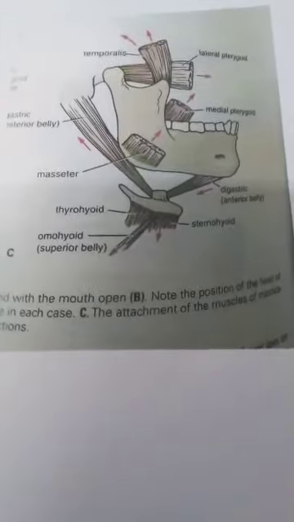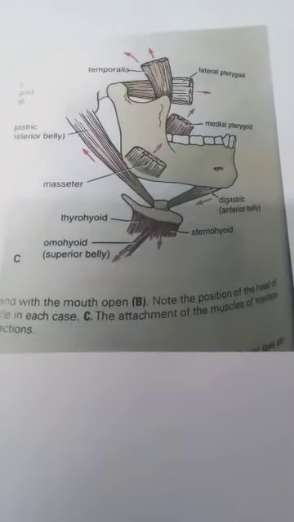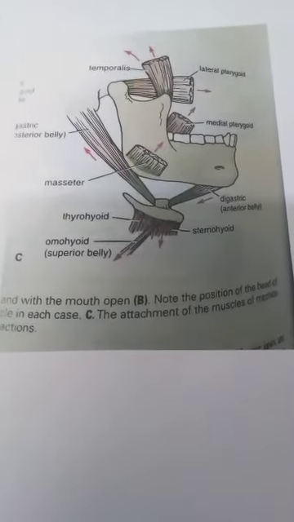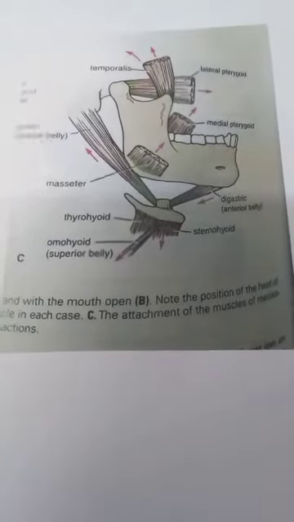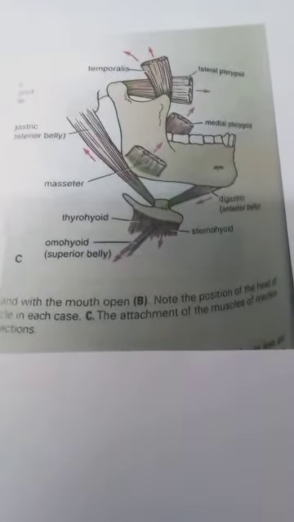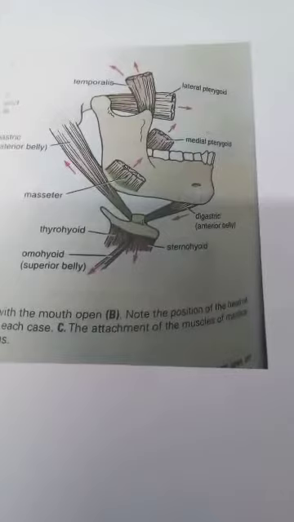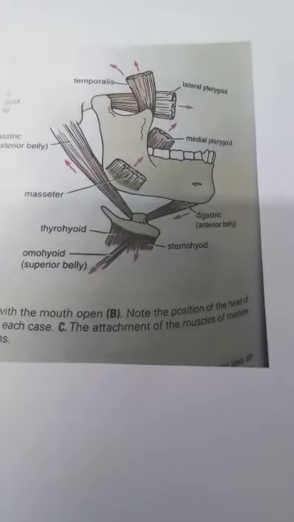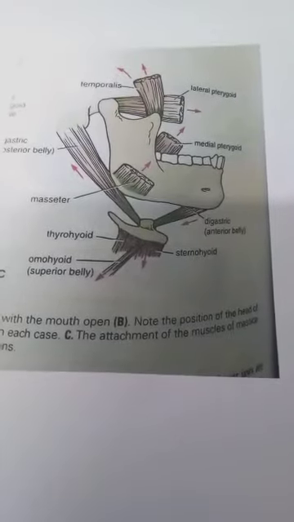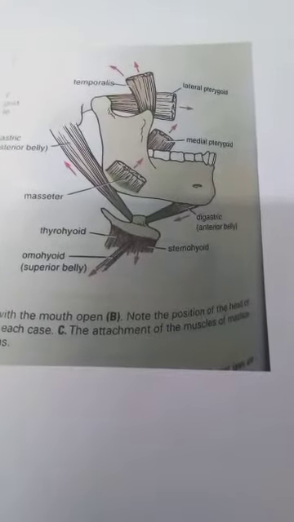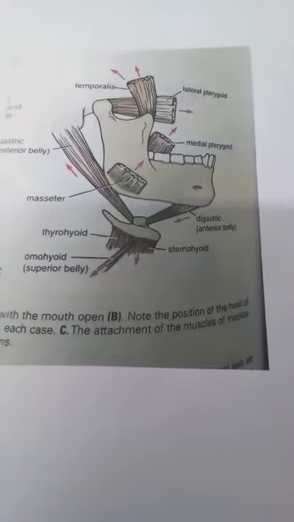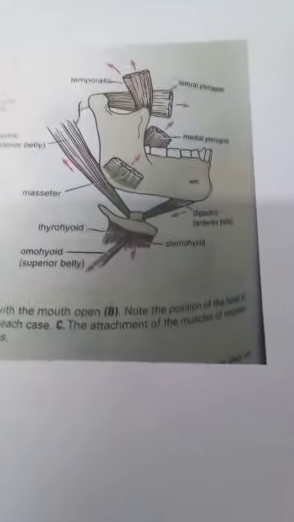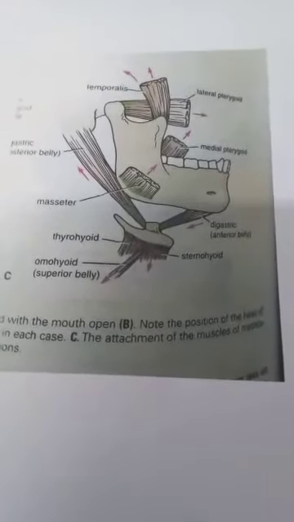Next movement is elevation and depression, which take place in the lower joint or meniscomandibular joint. Another movement is side to side or chewing movement, which takes place in both the joints. So the movements permitted at the temporomandibular joints are protrusion and retraction, elevation and depression, and side to side or chewing movement.